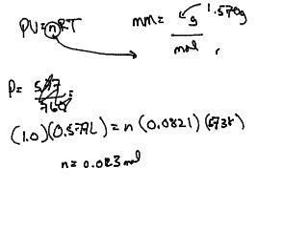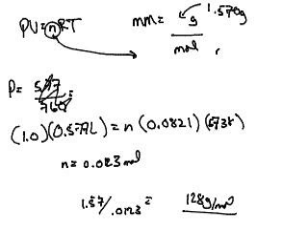Is the mass the same? That is not going to work. All right, what do I get? So 1.57 divided by my second answer, I get 128. Okay, what did I do wrong?